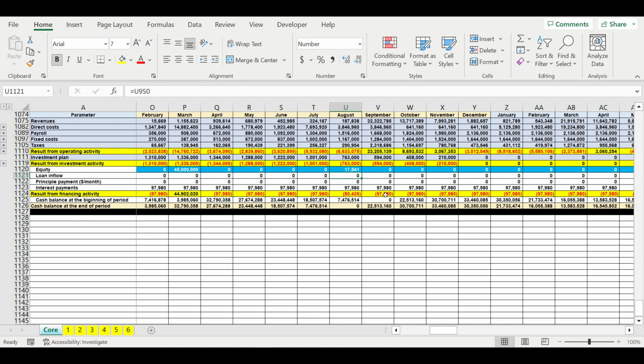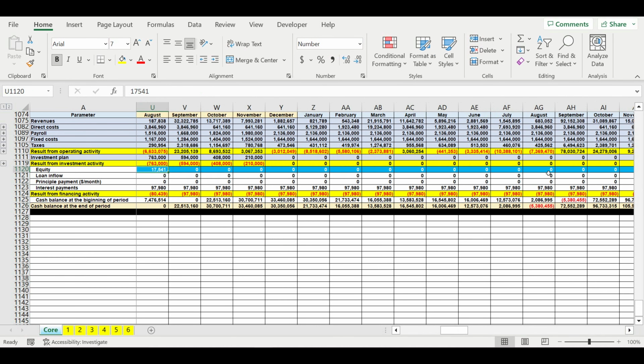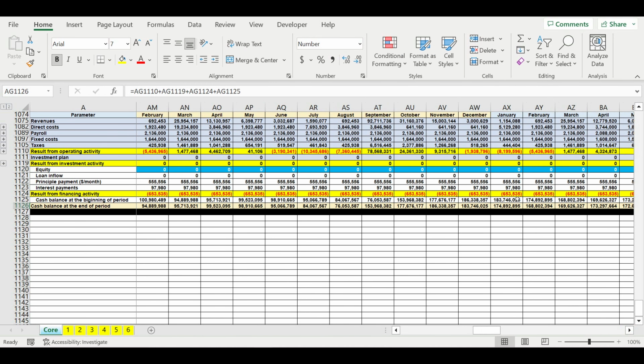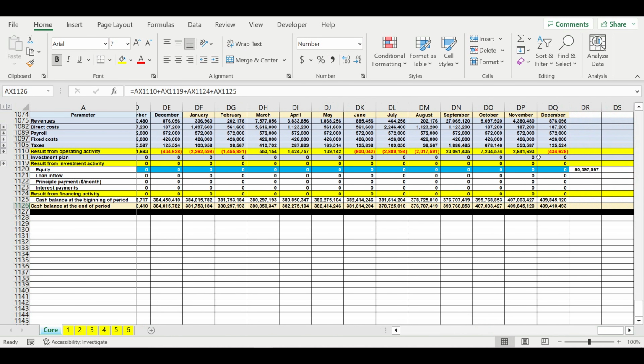Now let's go further. So we don't have cash gaps further. Now we can see that we need this amount from our pocket, and $20 million we need from the bank.